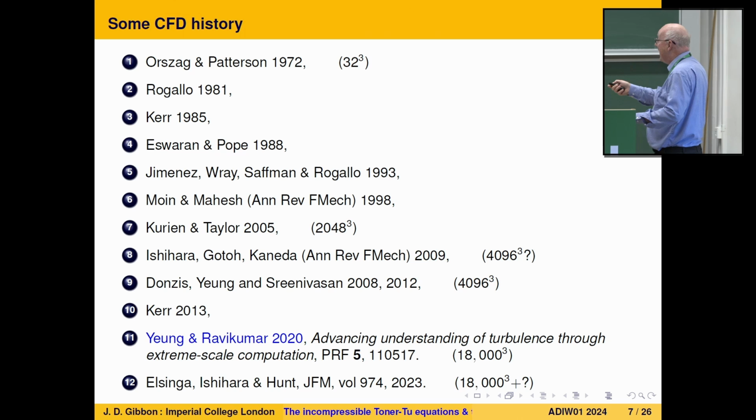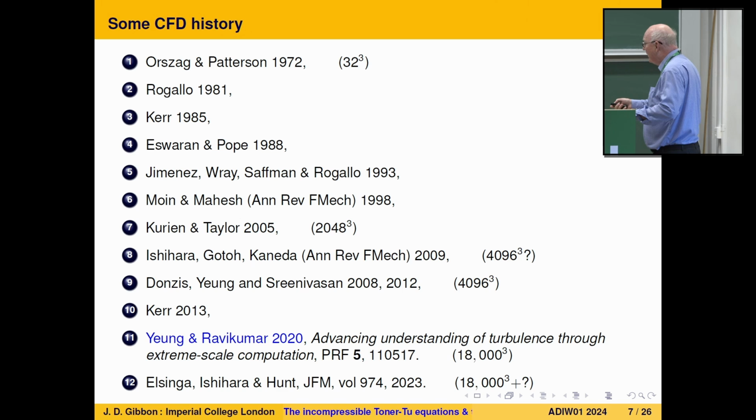And then as you go down all the big calculations over the years, Bob Kerr's was 256, you get into 512 cubed, till you get up, Yeung and Sreenivasan, Kaneda, Ishihara, 2048 cubed, 4096 cubed, and we're going to see a picture that Diego Donzis has lent me of this.